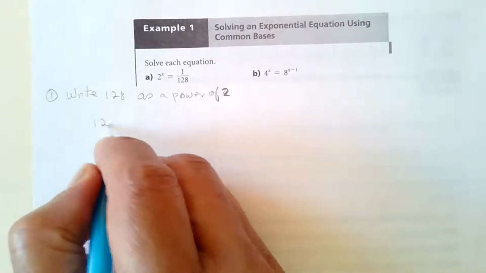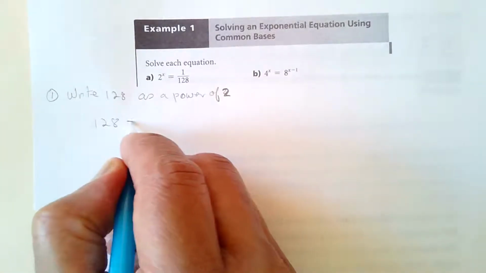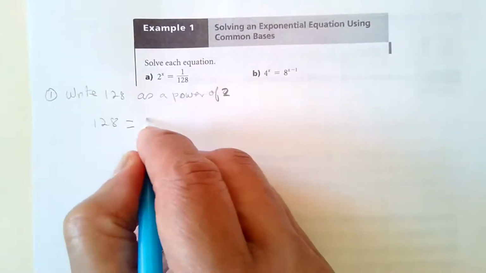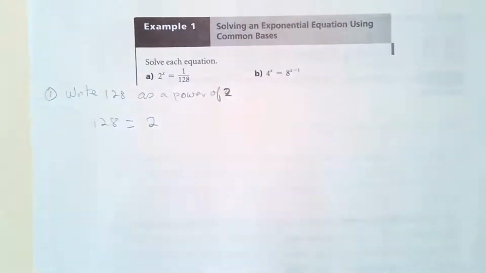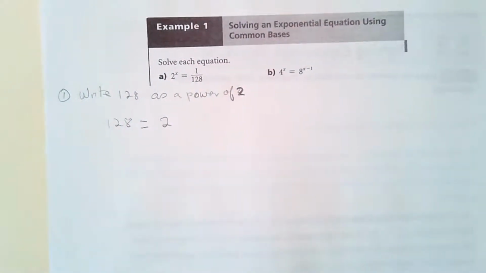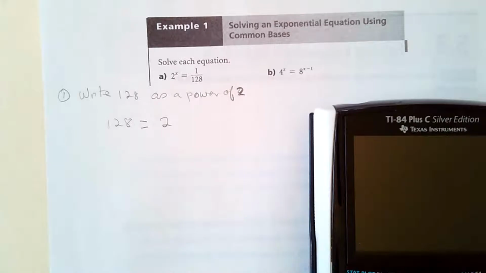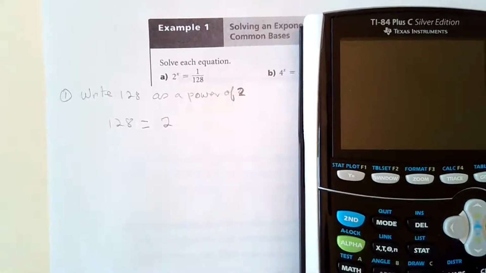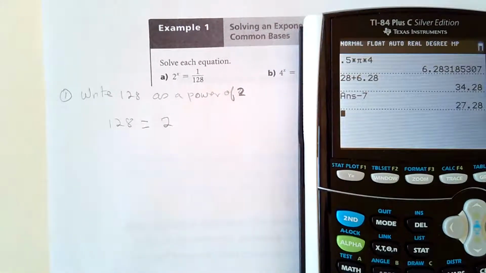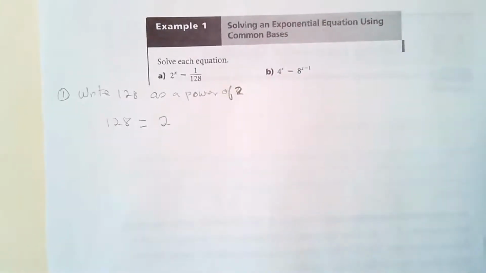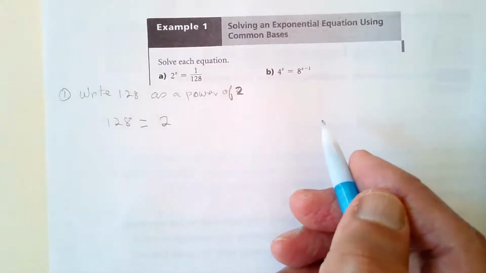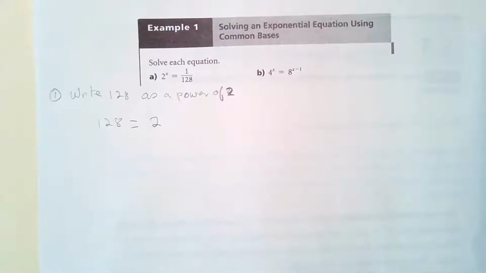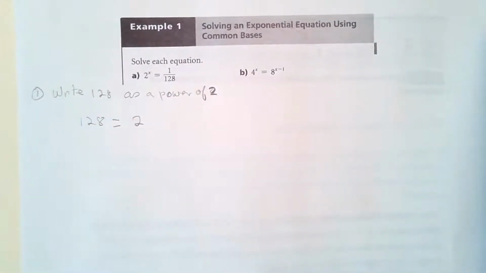So 128 is equal to, now we have 2. Now, if you use your calculator or your mental math, if you don't want to use mental math, you can go to your calculator. And we have 2 to the power 7, 128. Or you can use prime factorization, 2 times itself, how many times it gives us. There are other strategies you could use.